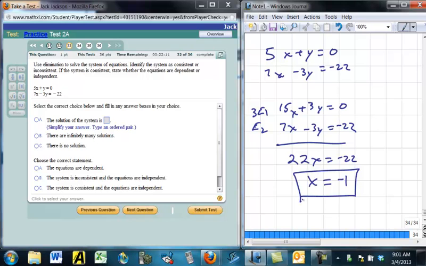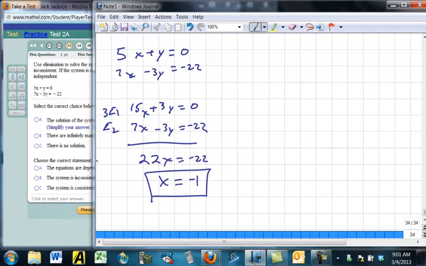So I know x. Now I'll eliminate the x's to find y. I'll multiply the top one by 7 times equation 1, and by negative 5 on the second equation. So 7 times the first one is 35x plus 7y equals 0.